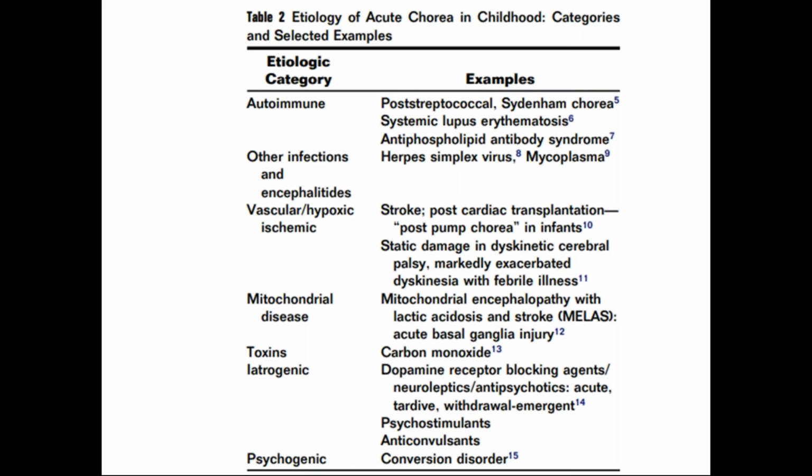Among toxins, carbon monoxide can give you chorea. Iatrogenic causes are neuroleptics and antipsychotics, and anticonvulsants can also cause acute chorea. Once you stop the drug, the manifestations decrease. And psychogenic causes occur in conversion disorders.